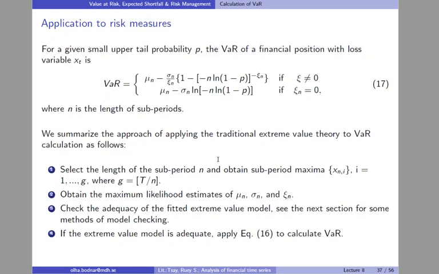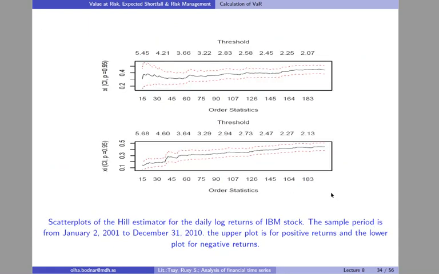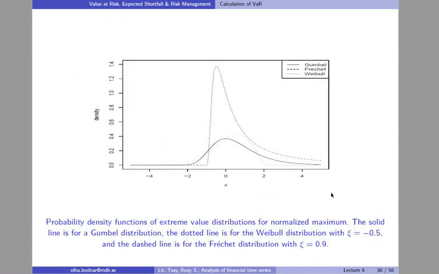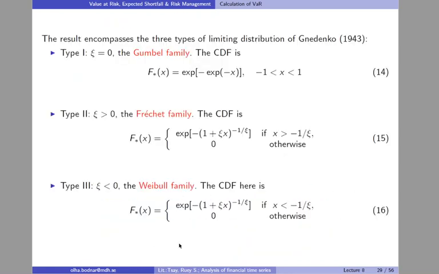Second, obtain the maximum likelihood estimates for mean, standard deviation, and shape value. Third, we check the adequacy of the fitted extreme value model. Now we'll see this in the next section. And fourth, if the extreme value model is adequate, we apply equation 16.